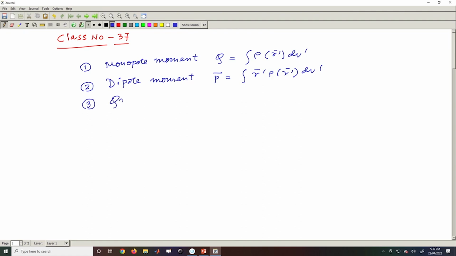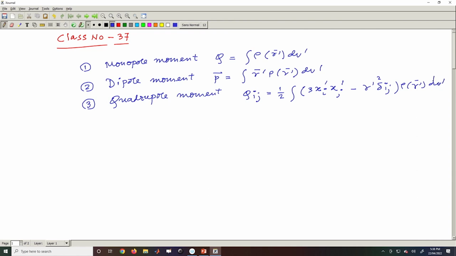And the quadrupole moment, which we define by Q i j, this is a tensor component, and we write it as half the integration of 3 x i prime x j prime minus r prime square delta i j, and then rho r prime dv prime.